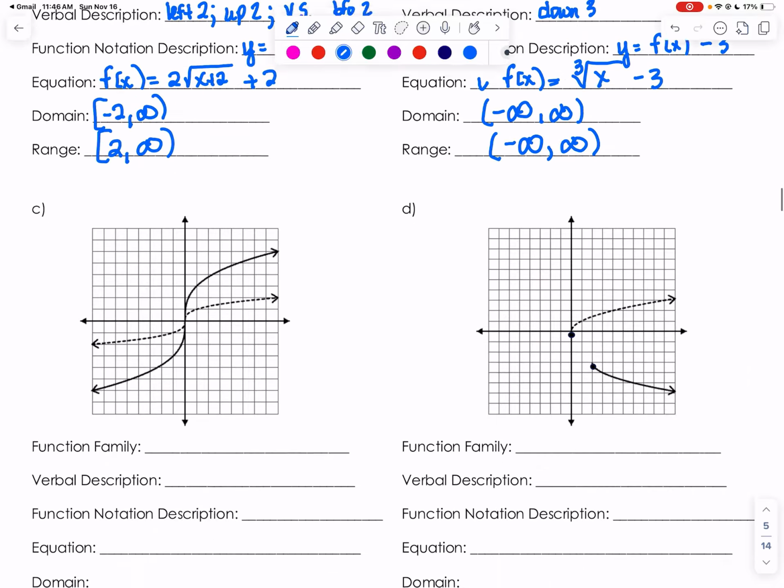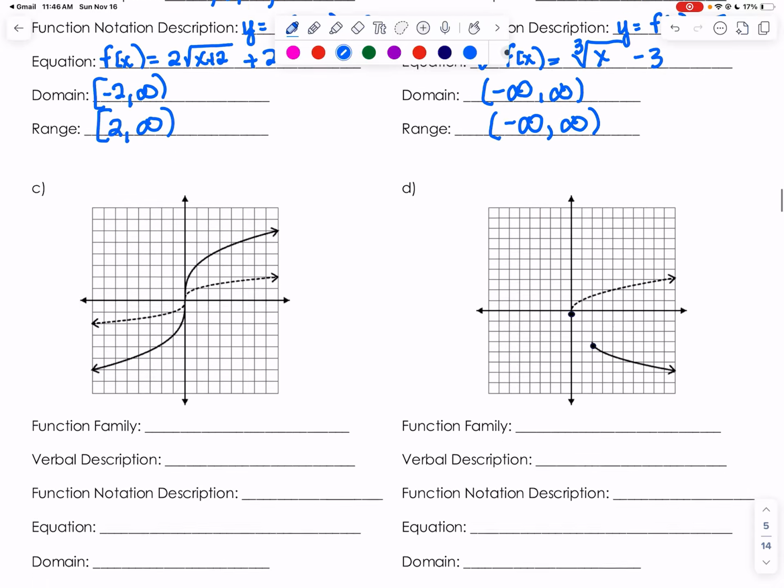All right, problem C. We have another cube root function. Again, here's our original. Its turning point is (0, 0), and it goes up 1 over 1. For our new function, it also has a turning point at (0, 0), but it goes up 3 over 1. So it's going to have a vertical stretch by a factor of 3.